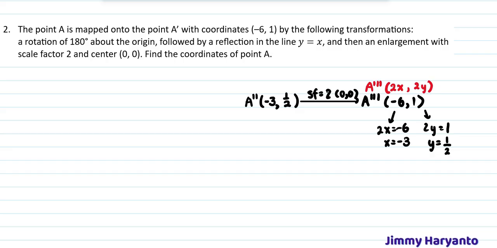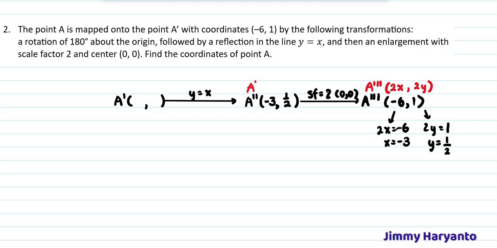So negative 3 comma half, and then after that, before the enlargement, there is reflection to y equals x, and then by reversing the process, we will have the A prime, the first image. The formula for y equals x is y comma x, so we only have to swap the x and y. That means the A prime is half comma negative 3.